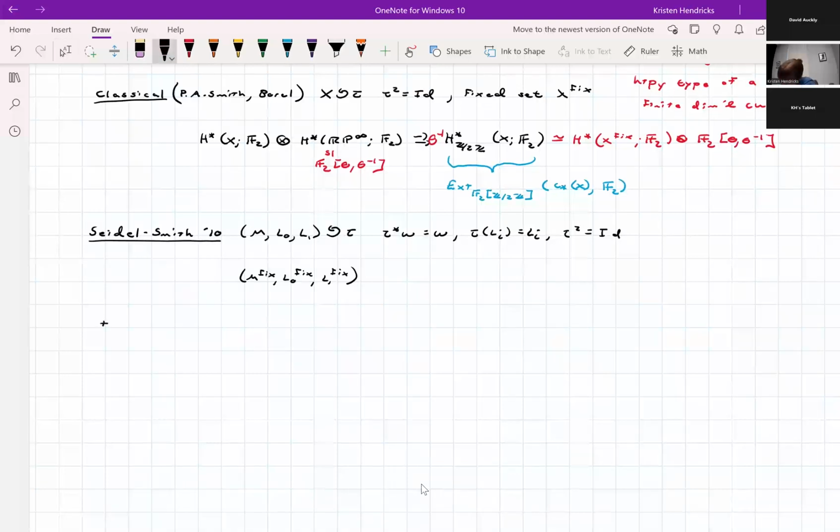And under some hypotheses about the algebraic topology of the situation, they showed that there's a spectral sequence from the Floer cohomology in F2 coefficients, tensor the standard term, which is the localized cohomology of RP infinity, to the localized equivariant cohomology, which they had to define for this purpose.